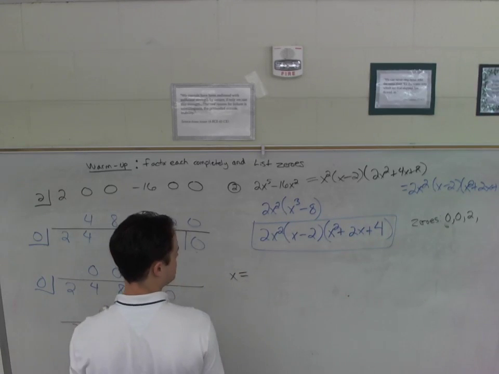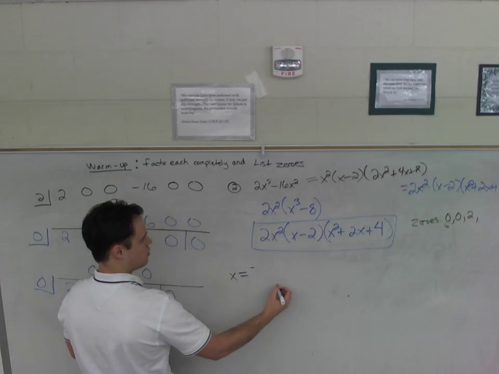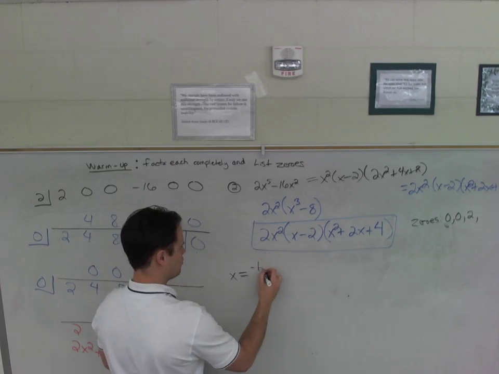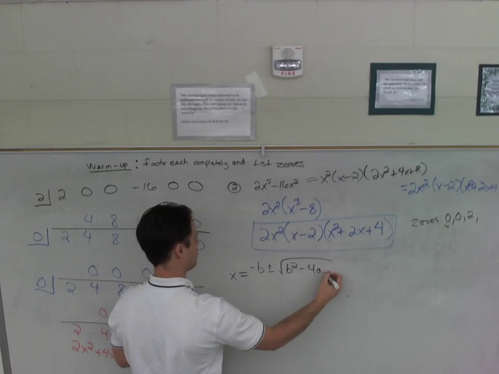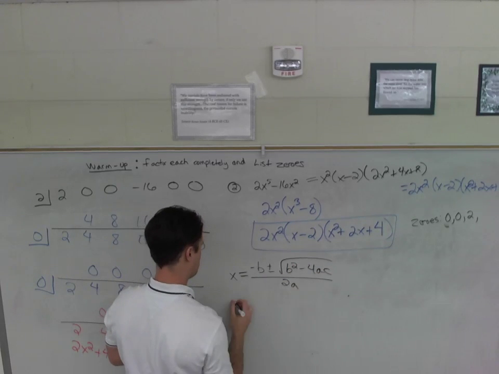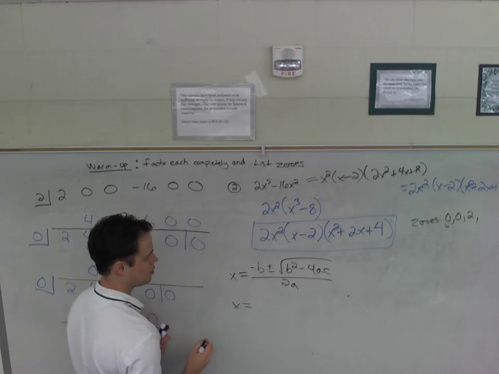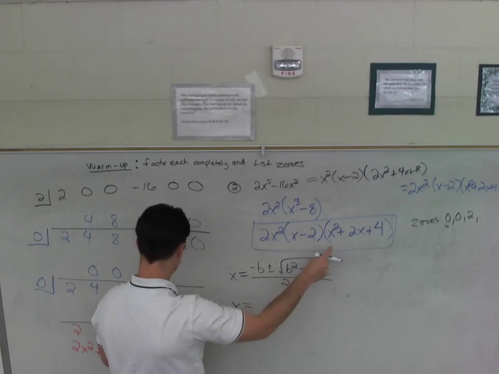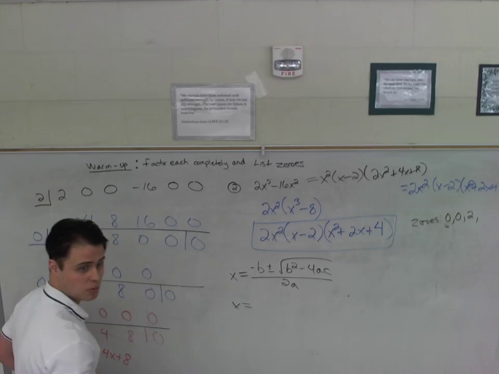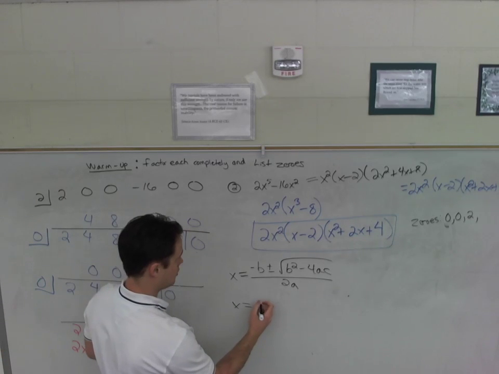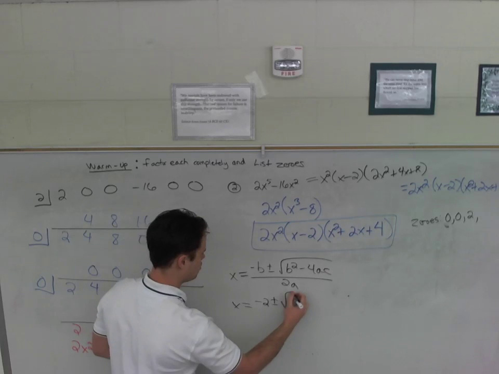So x equals, help me. Let's just write the formula. Negative b plus or minus. Now we're looking here, right? You could have done it on here too and not factored out the 2. Either way, it would come out the same. So let's see. Negative 2.